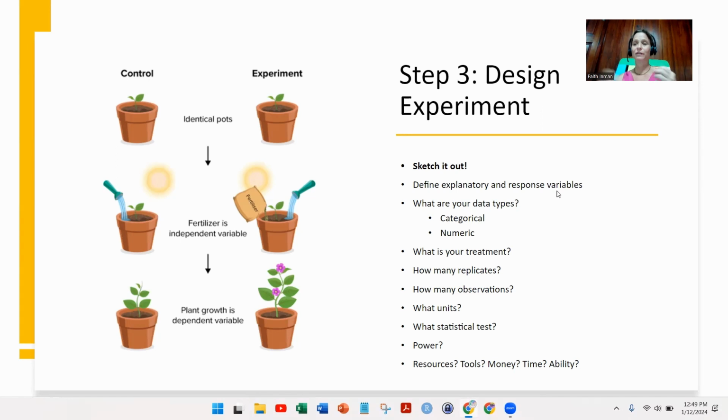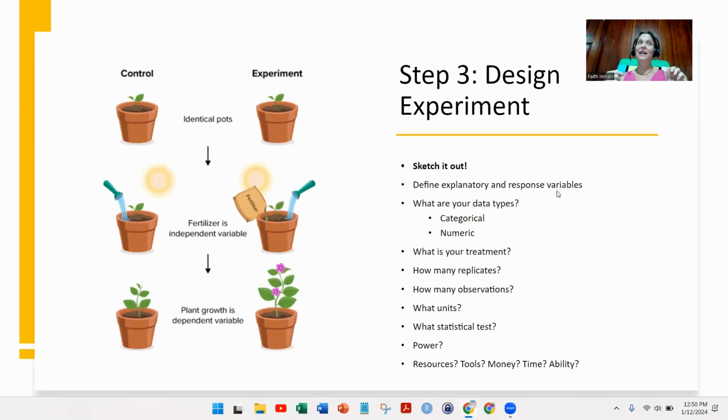Let's say instead of just fertilizer, yes, no, you have 3 different kinds of fertilizer. Let's say you have 3 different brands of fertilizer. Yeah, 3 different kinds, 3 different brands. These would be 3 different categories. In that case, your explanatory variable would be categorical.